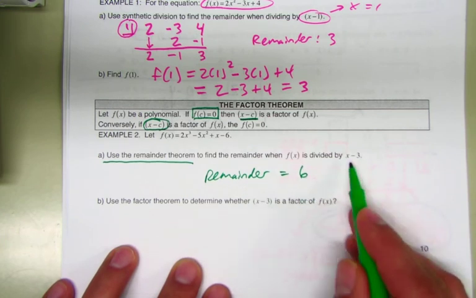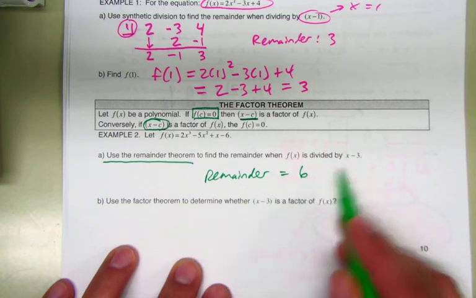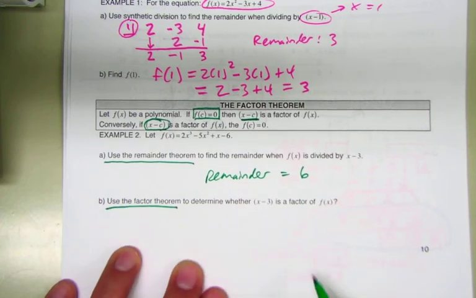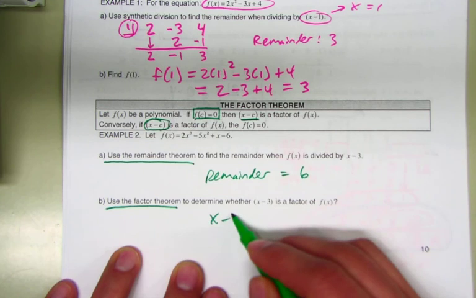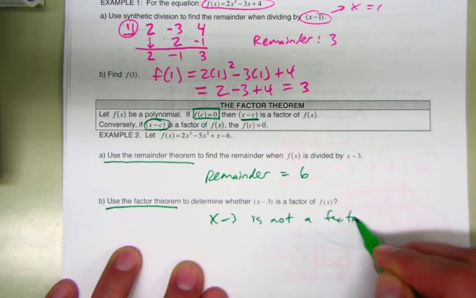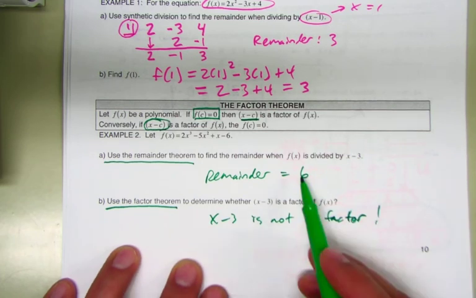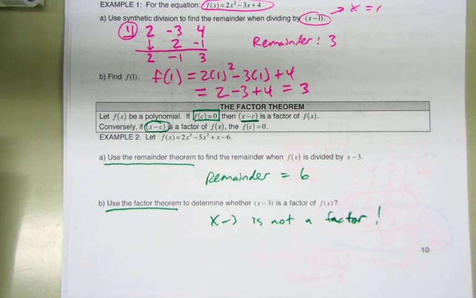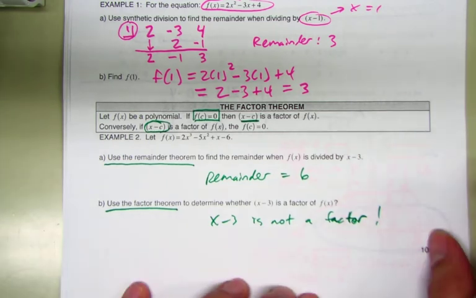This has to be 0 in order for x minus 3 to be a factor. Since the remainder is 6, this is what they mean by use the factor theorem. Because the remainder is 6, x minus 3 is not a factor. If we got 0 here, then we would know for sure that x minus 3 is a factor. Okay? Any questions on that?